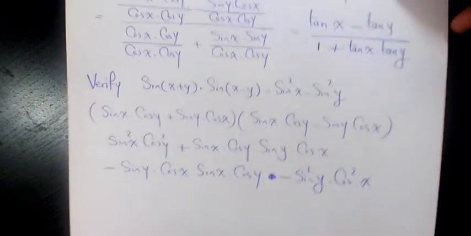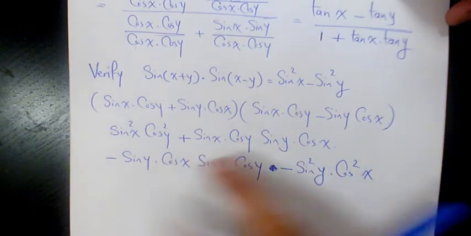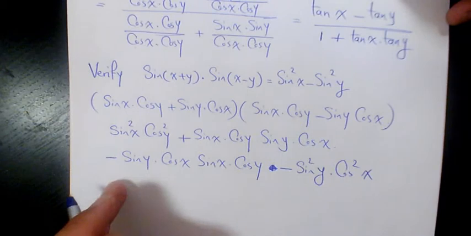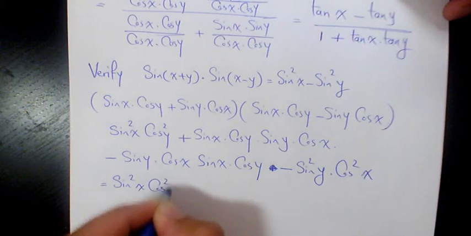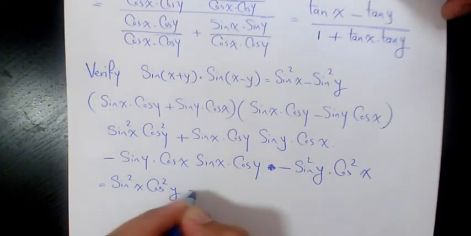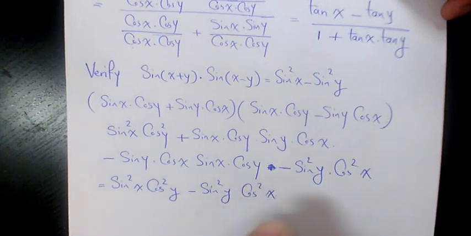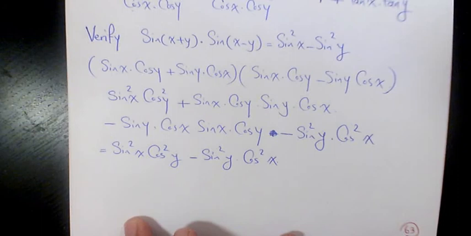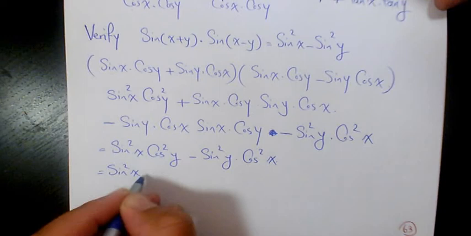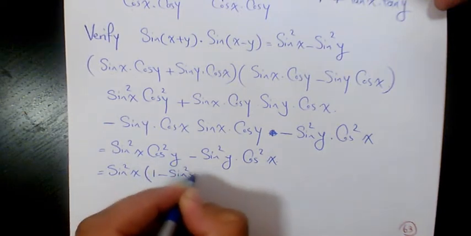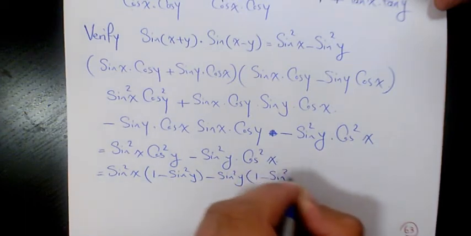Now, as you see here, these two terms are the same, but they subtract each other, so it's going to be 0. Then we're going to end up having sine squared x cosine squared y minus sine squared y cosine squared x. Now what we can do, instead of cosine squared y, I'm going to write 1 minus sine squared y, and 1 minus sine squared x.